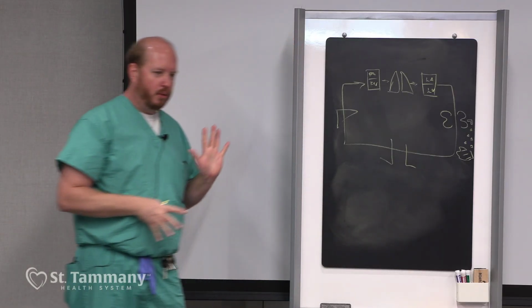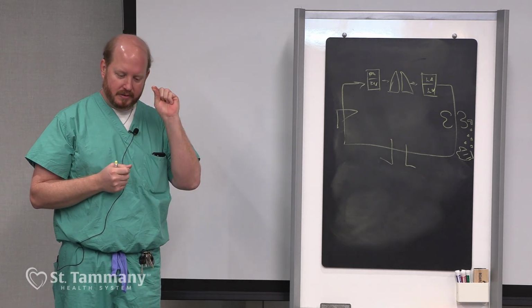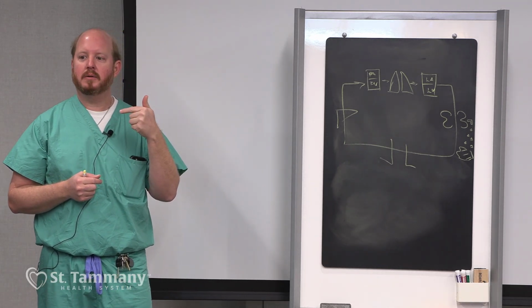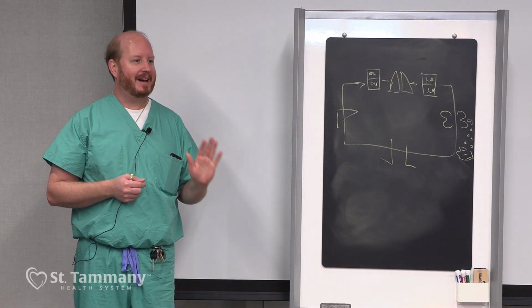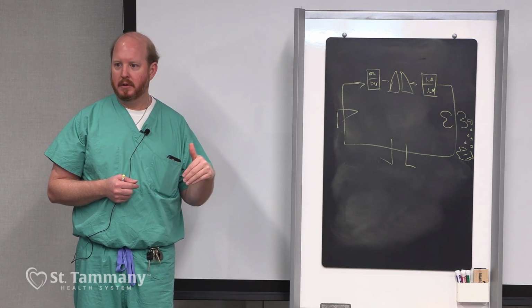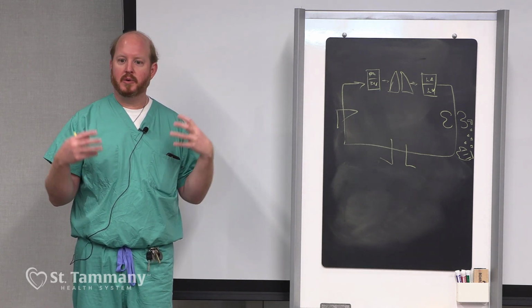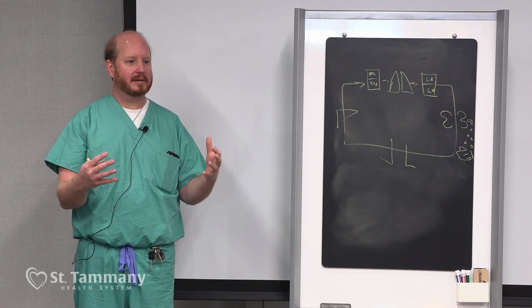So it's important when you're talking about heart failure to hear this term and think about it over and over. Neurohormonal axis. What we're treating when we treat heart failure is we're blocking the neurohormonal axis.